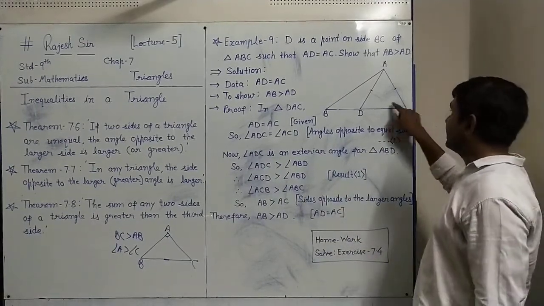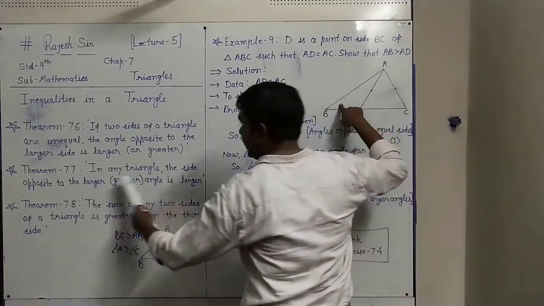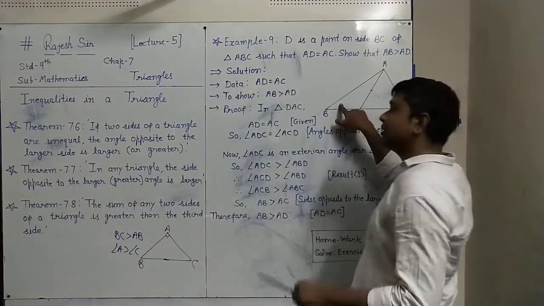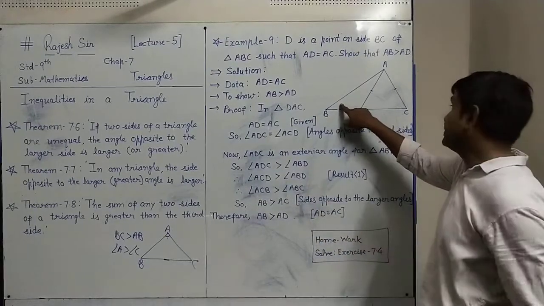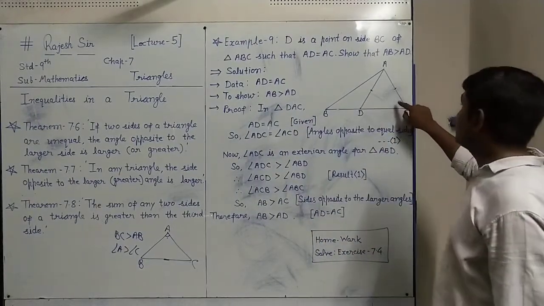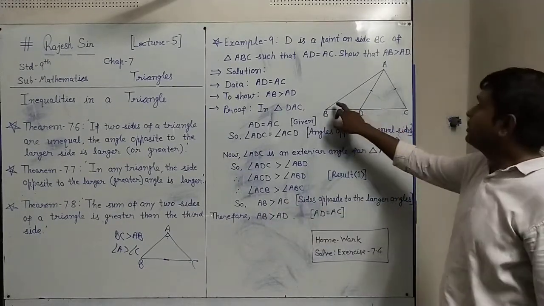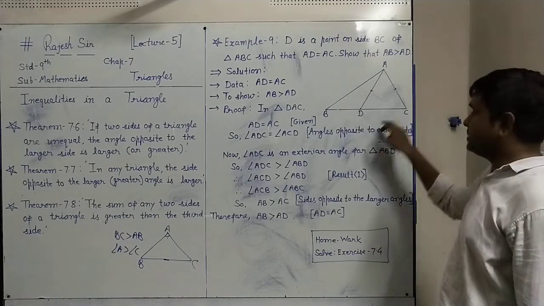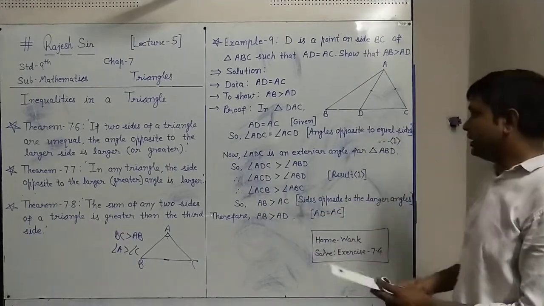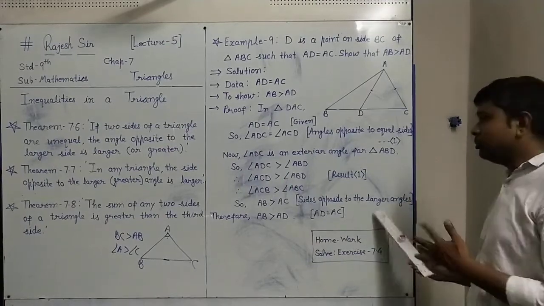So the side opposite to the larger angle is larger, by theorem 7.7. The larger angle is C, so its opposite side AB is greater than angle B's opposite side AC. AB greater than AC. And here also we have written the reason: sides opposite to the larger angle will be larger.